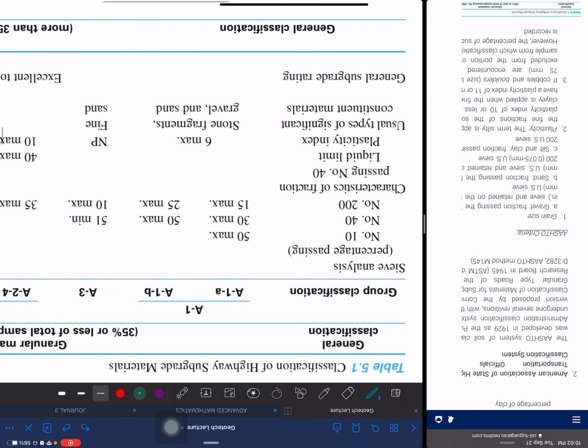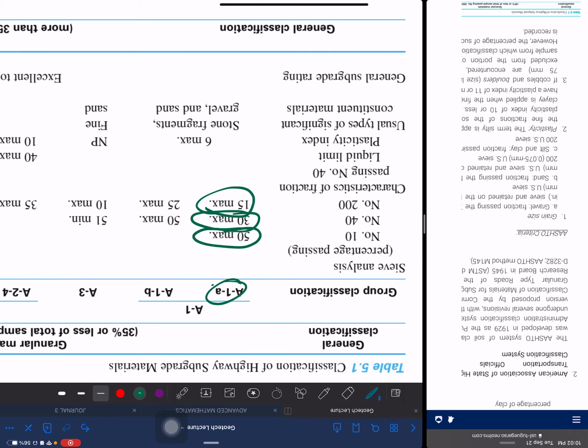So, sabi dito sa A1, if the soil is actually having percent passing na maximum of 50 under A1, and then may maximum of 30 naman daw dapat yung passing sa number 40 under A1 din, and then 15 daw ang maximum na passing sa number 200 under A1. Okay. So, kung nasatisfy nung soil sample mo yan, it means magpo-fall na siya sa A1.